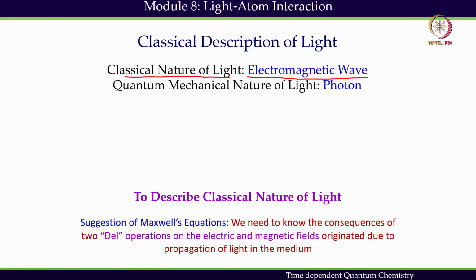On the other hand, other phenomena associated with light such as the photoelectric effect display the particle aspect of light, which is called the quantum mechanical nature of light. It is not a wave nature anymore, it is a particle nature, which is called a photon. Each photon associated with a field of frequency nu carries an amount of energy h nu.